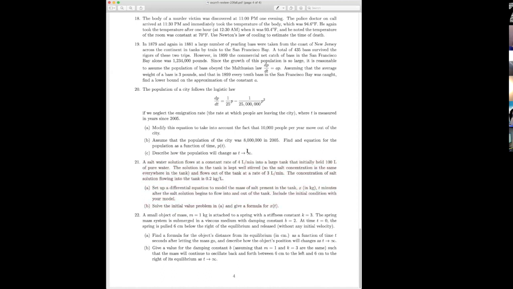So we've got a salt tank with solution flowing in at a constant rate, 4 liters per minute, and flowing out at 3 liters per minute. And we're given some information about concentrations initially and of the solution flowing in.